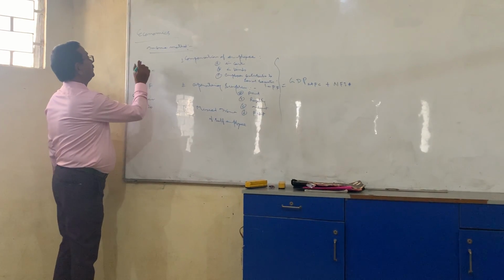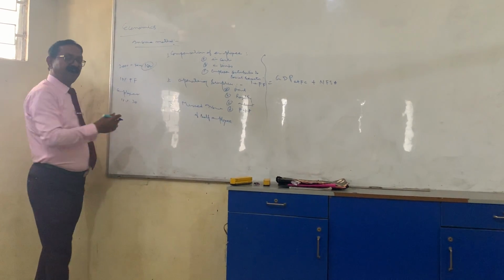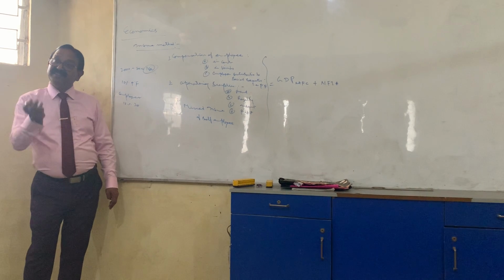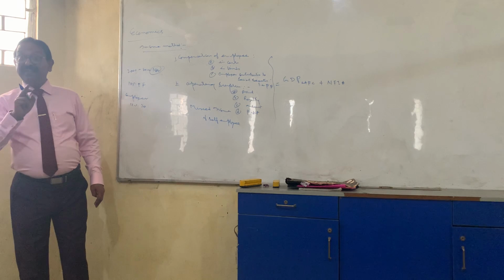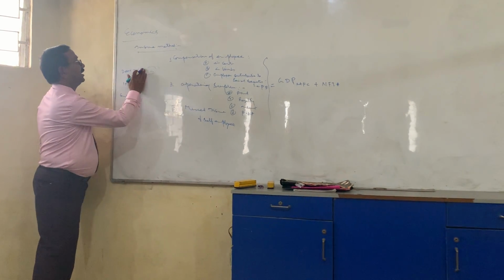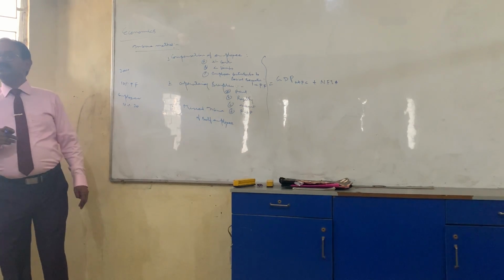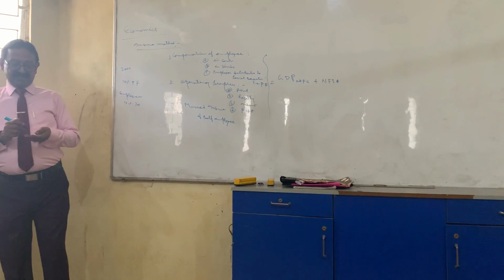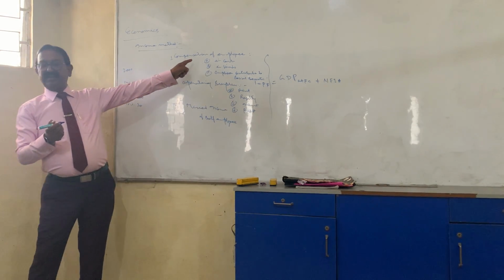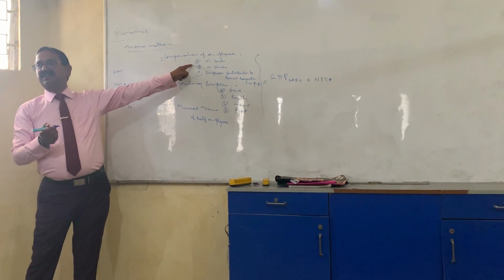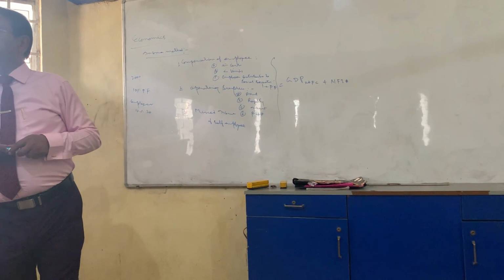Suppose 2,000 minus 200, 1,800 after employee contribution. Then the employee contribution will be added. But if the salary is given like this, 2,000 per month, and the provident fund is 10%, then only the employer contribution will be added while calculating compensation as national income. The employee contribution will not be added. Clear?